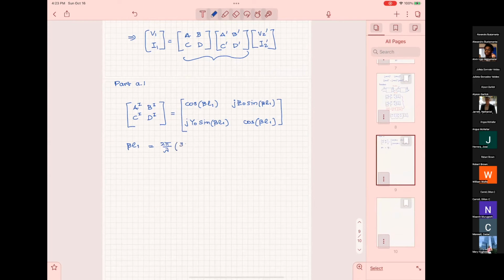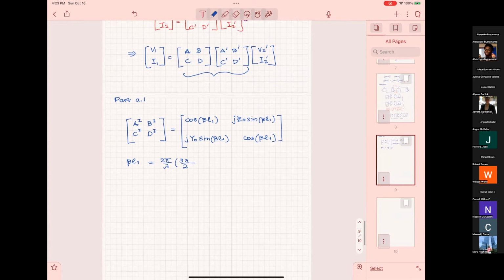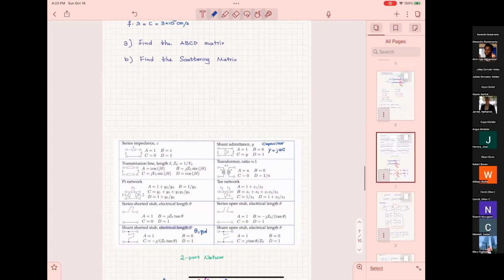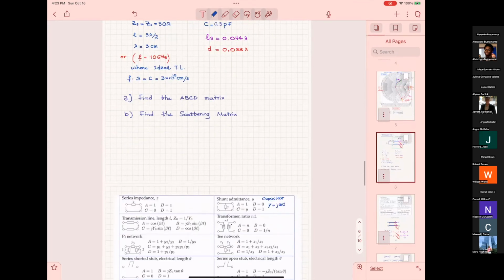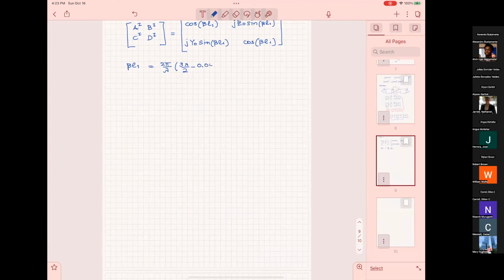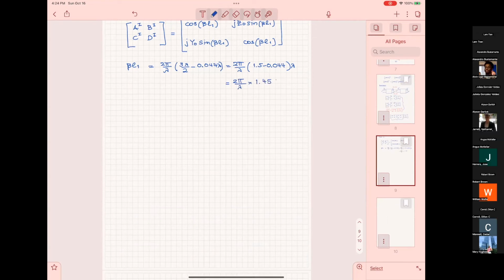It is L, which is 3 lambda over 2, minus L sub S. And L sub S was 0.044 lambda. So 2 pi over lambda times 1.5 minus 0.044 lambda. 1.5 minus 0.044 is 1.456 lambda.